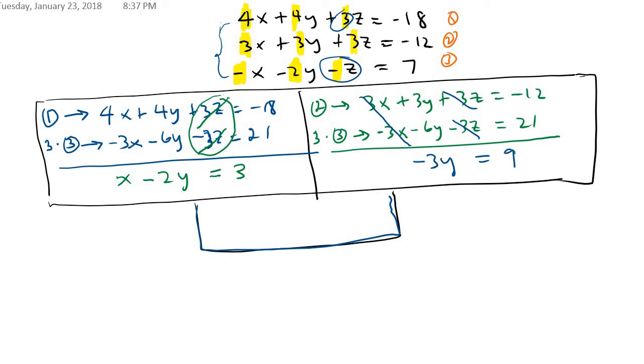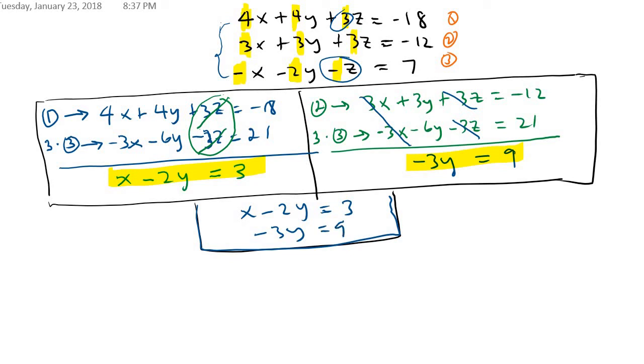So now we have successfully boiled down the equations to 2, that and that, which we can put together as the new set of equations we are going to solve. So it will look like this: x minus 2y equals 3 and negative 3y equals 9.